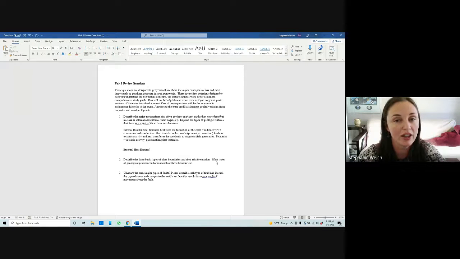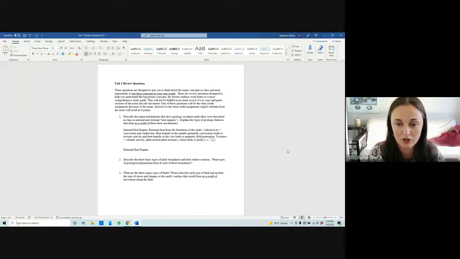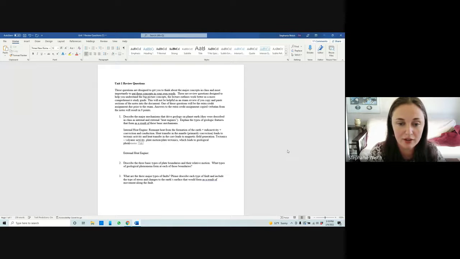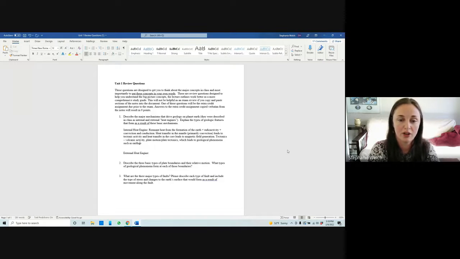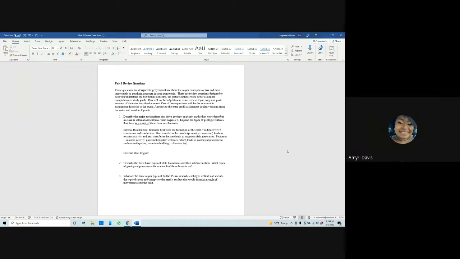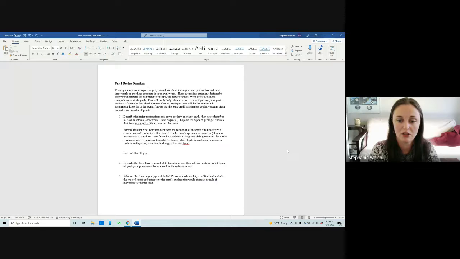That's then relating to these tectonic processes, the plate motion, plate tectonics, which leads to geological phenomena. That's the way I described it in the text of the question, such as earthquakes, mountain building, volcanoes, etc.